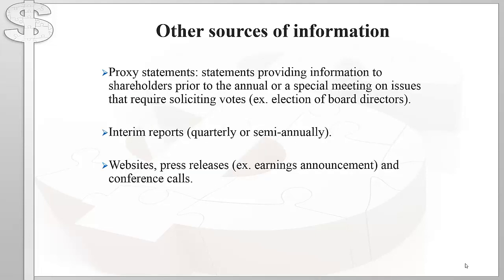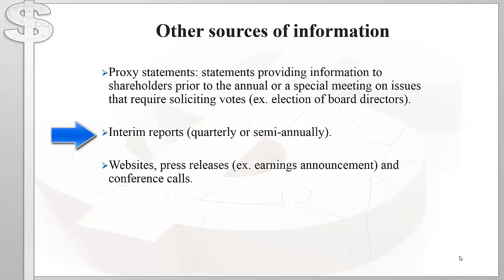Let's talk about the fifth learning outcome, which talks about sources of information other than financial statements that analysts typically use. In addition to the financial statements, public companies also provide other sources of information. For example, they provide proxy statements to their shareholders on matters that require voting, for example, the election of board members.